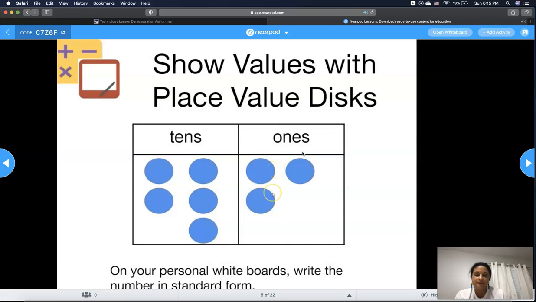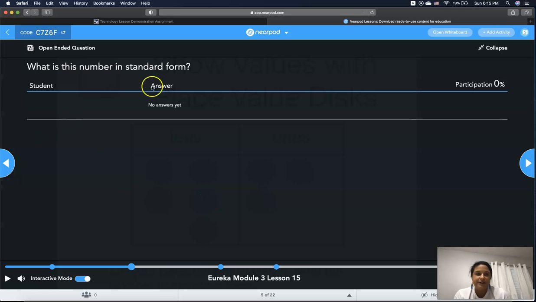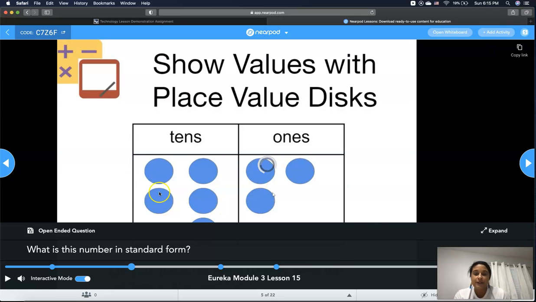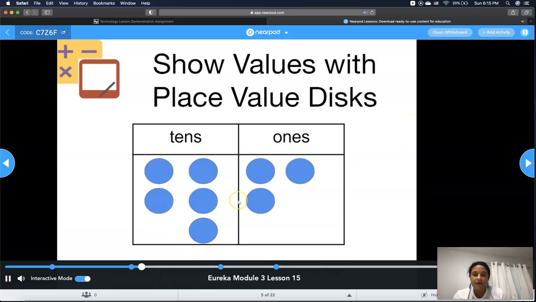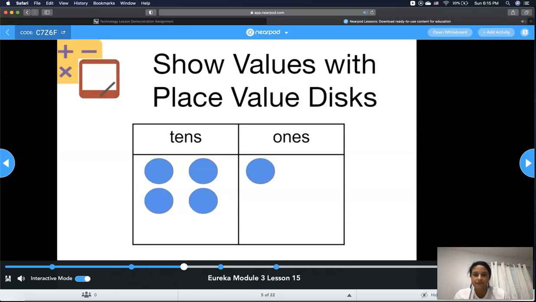Now, on your personal whiteboards, write this number in standard form. I want you to write what you see on this part of the place value chart in standard form. How many 10s do you see and how many 1s do you see? This number in standard form is 53. On the next slide, write what this number would be on your personal whiteboard.